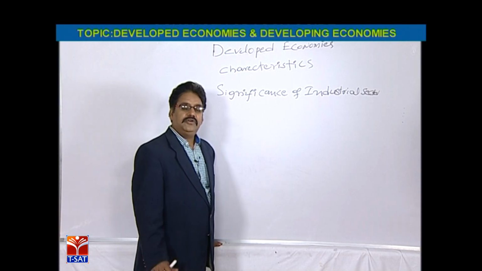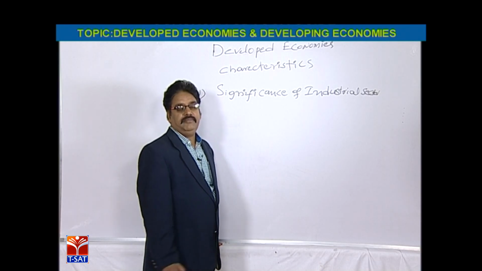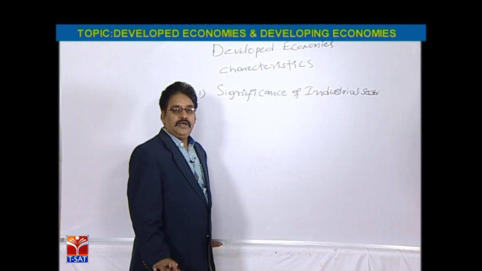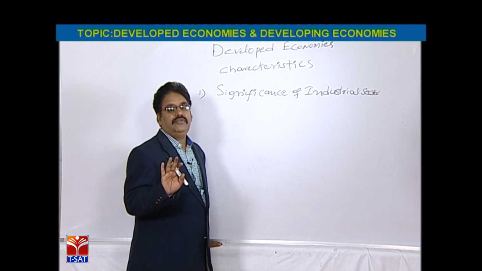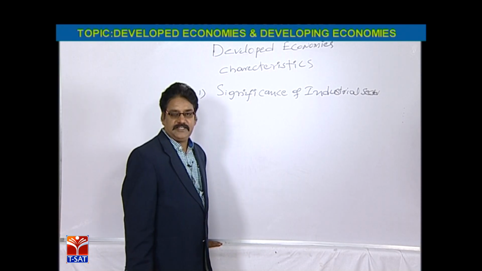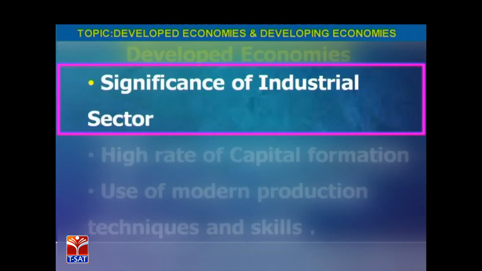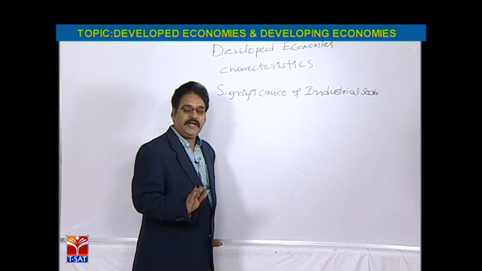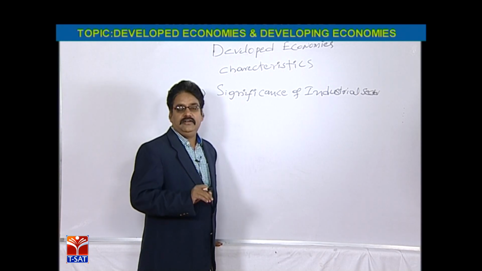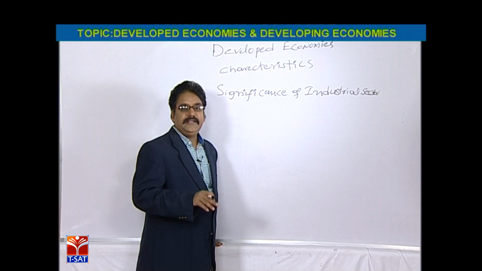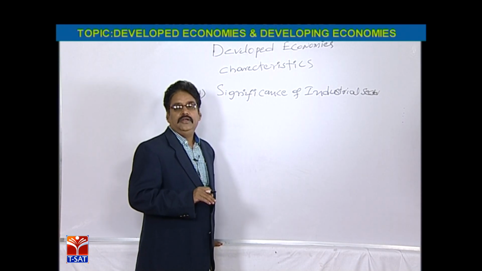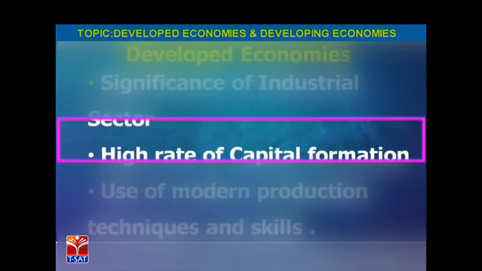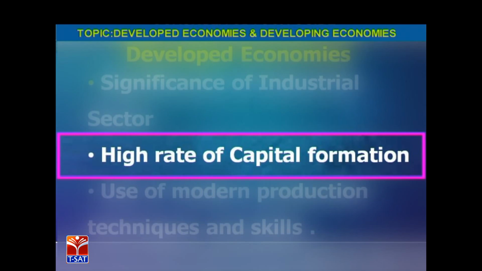Not only industries, but transport, trade, and communication also contribute a major part of the national income, whereas agriculture contributes only 2 to 4% of the national income in developed economies. That is why we can say the significance of the industrial sector is very high. They concentrate on industries, increase production, and in this way we observe developed industries in those countries.